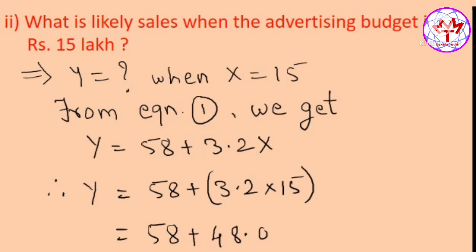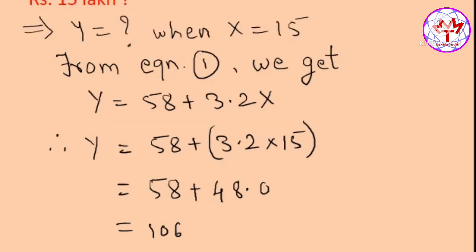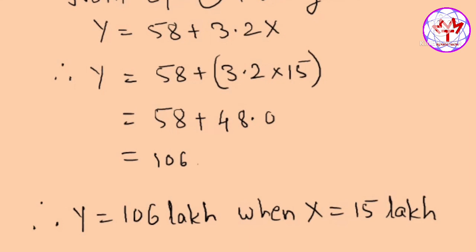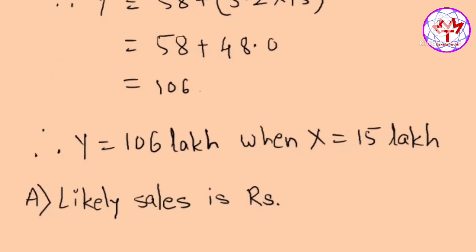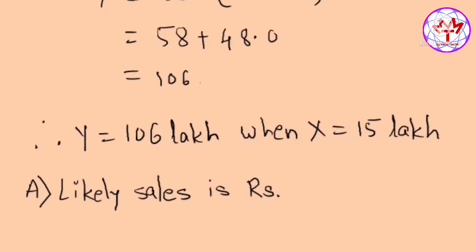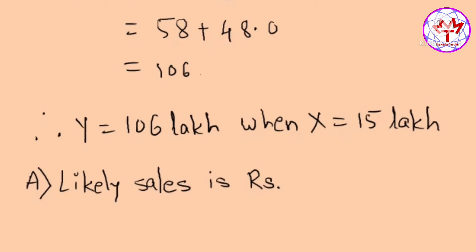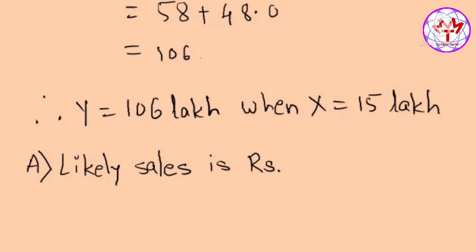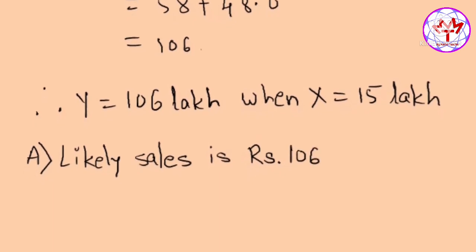So you get 58 plus 48, that is 106. Therefore y is equal to 106 lakhs when x is equal to 15 lakh. So let us write the final answer. Likely sales is rupees 106 lakhs when the advertising budget is rupees 15 lakh.